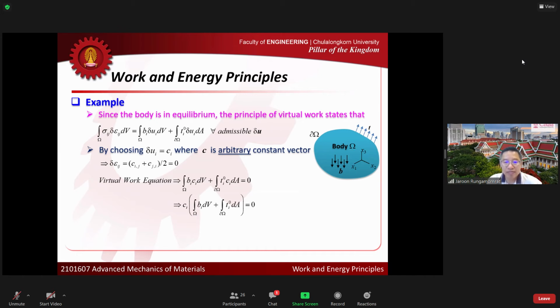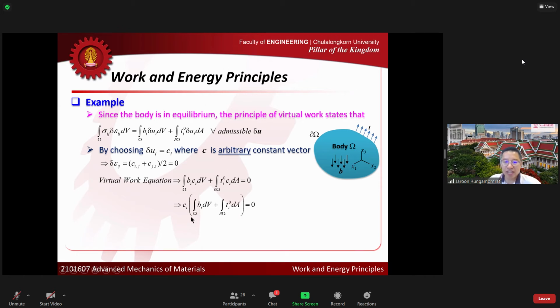If you take a look at this term, someone tried to cancel ci by dividing the whole thing by ci. That is wrong. You cannot divide the whole thing by ci, because if you take a look at the index that you have here, this is not the free index, right? This is the dummy index.